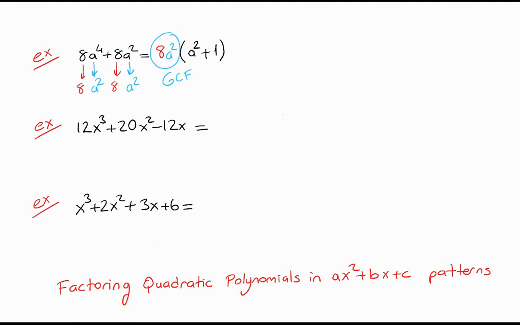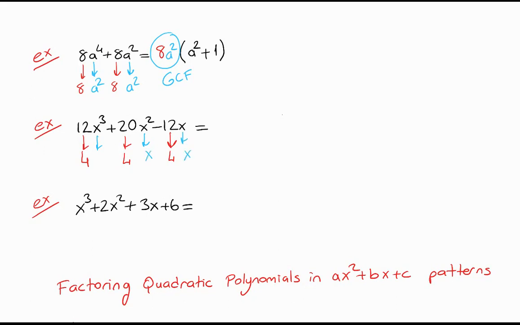Okay. Let's make another example. So 12x cubed plus 20x squared minus 12x. All the numbers here, their greatest common factor is 4. How about for variables?